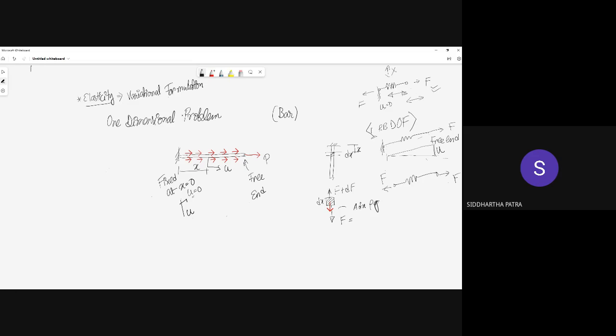So that would give you the value of dF equals this much. So all I'm trying to say here is the distributed load on a bar, and we'll call it q of x. This q need not be a constant, this could also be a function of x.